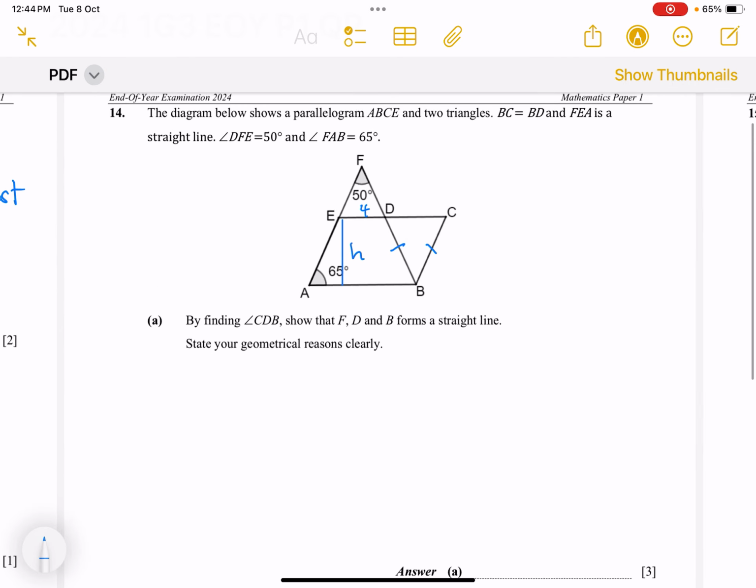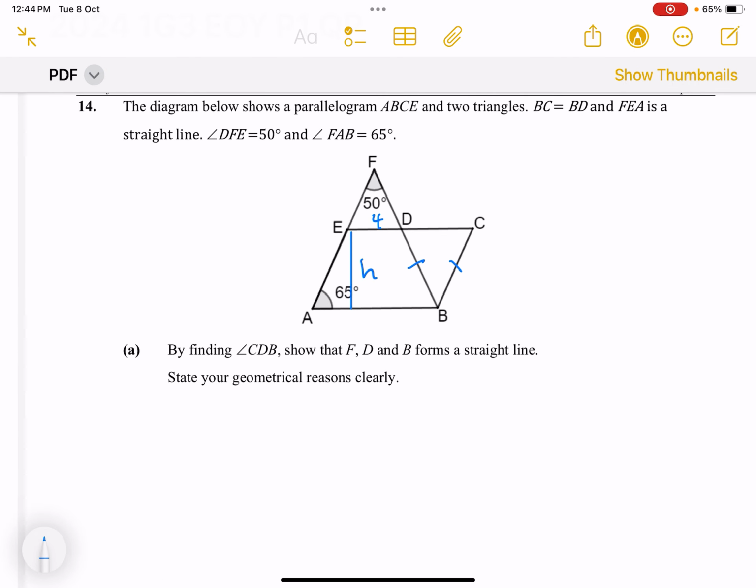And the next sum, we have to find the angle CDB. CDB is this angle here. So in order to find this angle, we know that the angle here, let me call it A, is actually 65 degrees, and this is opposite angles of parallelogram.